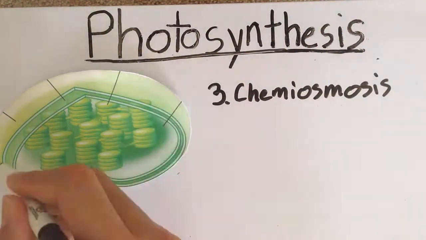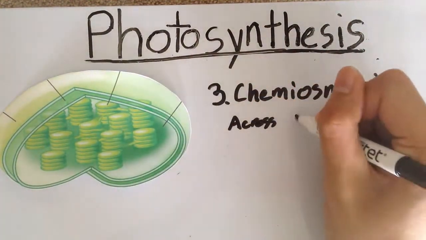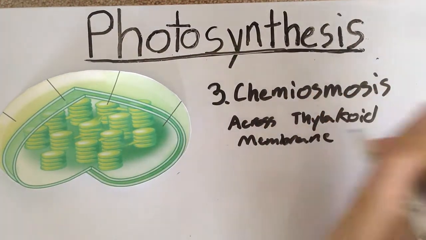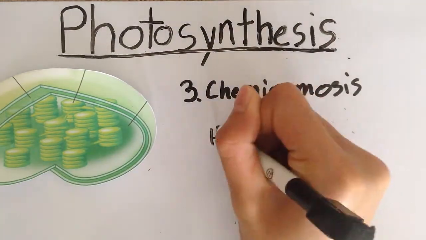The next step, which is chemiosmosis, occurs across the thylakoid membrane. It uses protons and ATP synthase to create ATP.